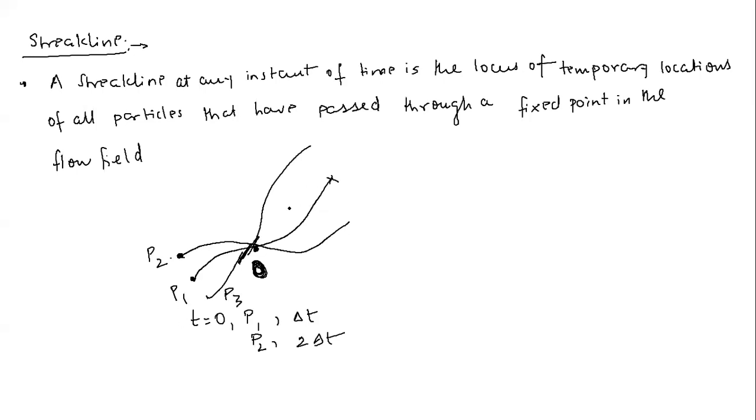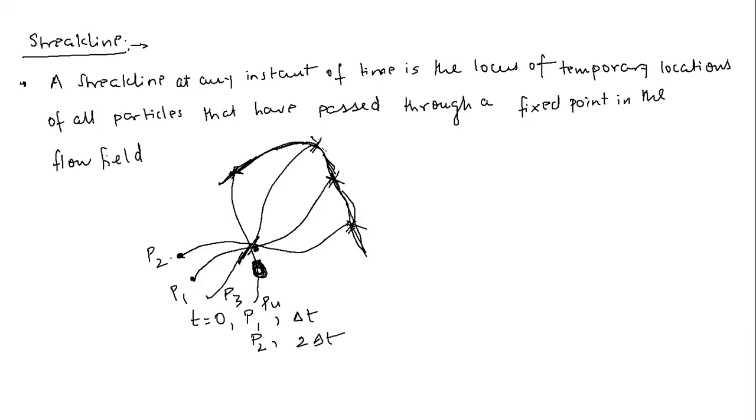So what happens, P1, P2, P3, P4. Now if you join these points at any instant of time t, just remember that all these points must have crossed this point O. That is the criterion for a streak line: all these points must have passed through this point O at some instant of time.